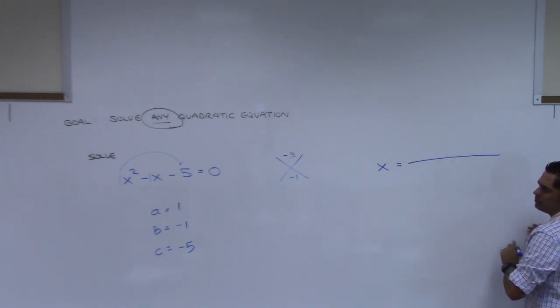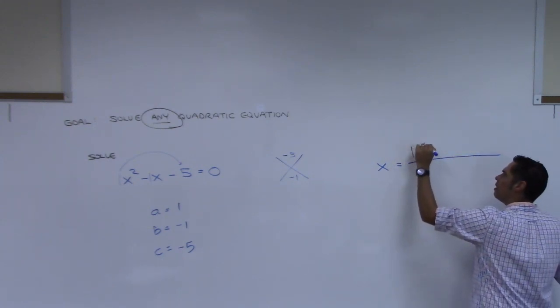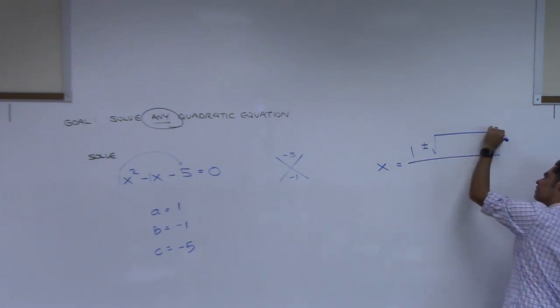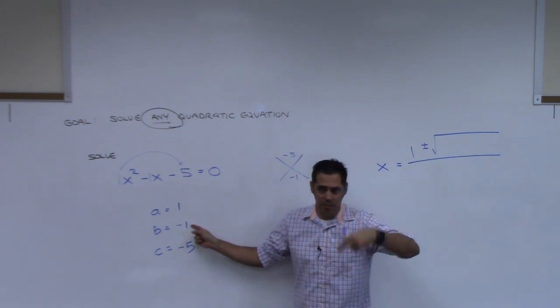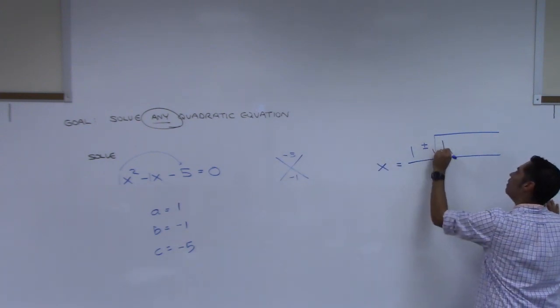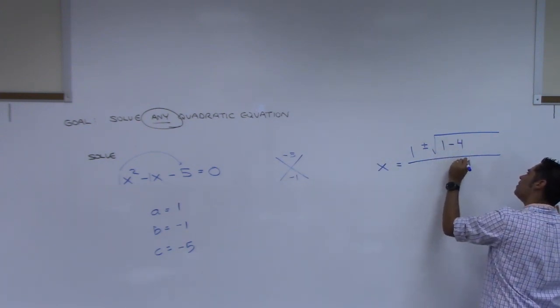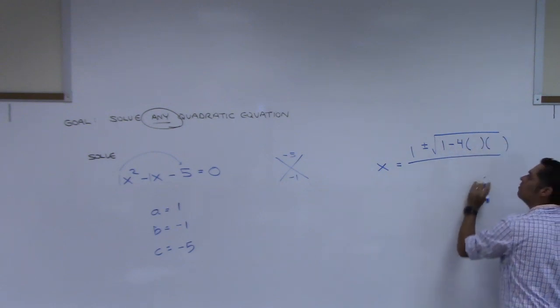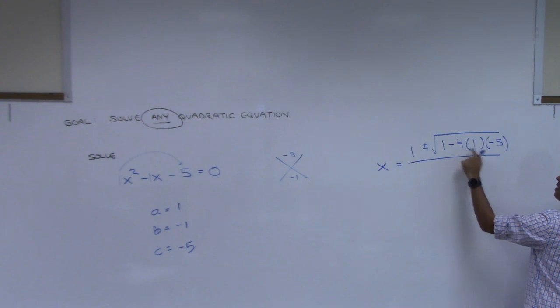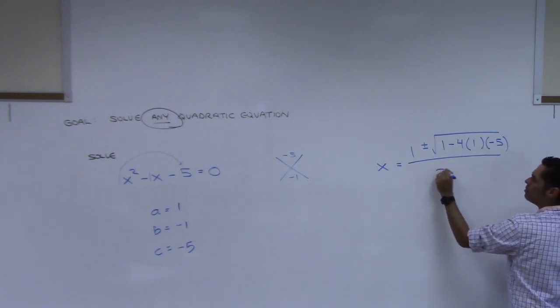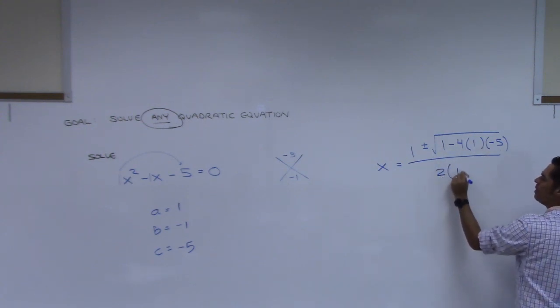No? Positive 1 plus or minus the square root of b squared. So negative 1 times negative 1 is positive 1. Minus 4 times two numbers. What is it? 1 times negative 5. So that's 4 times a times c, all over 2 times 1.